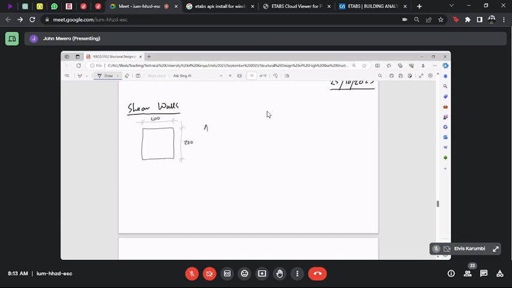The area of this cross section is 40,000 millimeters squared.